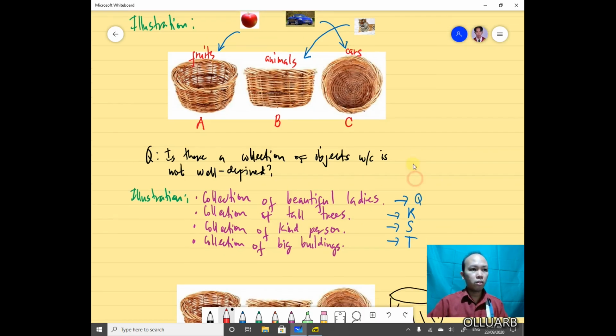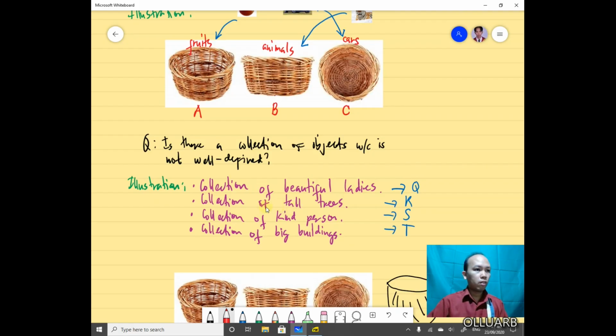Another illustration, just like this second example, a collection of tall trees: we cannot clearly identify or distinguish that that tree is tall. What do you mean by tallness? Is 2 meters tall enough? Is a 10-meter tree tall enough? That's very hard to distinguish. Can you distinguish a kind person?